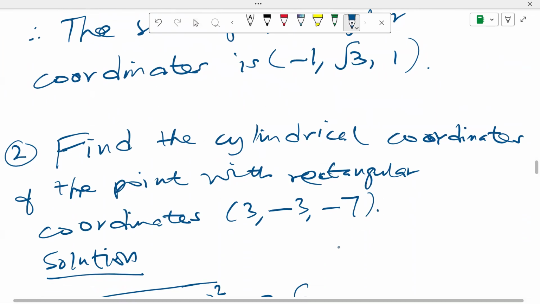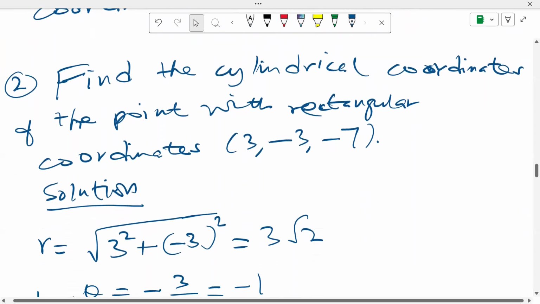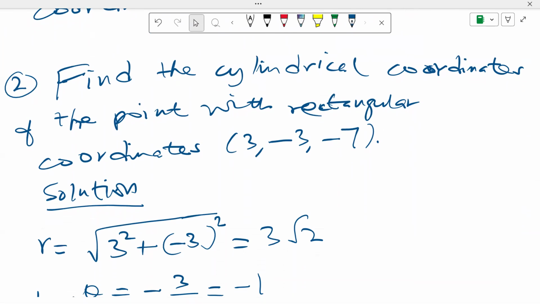Find the cylindrical coordinates of the point with rectangular coordinates 3, negative 3, negative 7. So we'll move on to see how we can do that. We need to find our r. We have our x and y. So x is 3, y is negative 3, and z is negative 7.